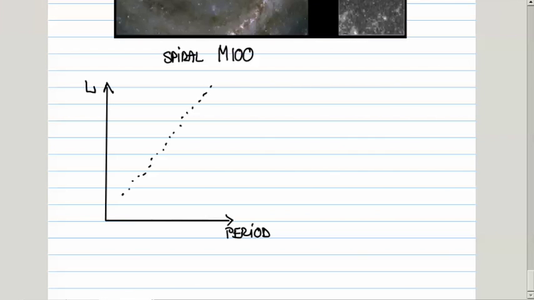And then you measure the period, and then read off the luminosity. Right? So you measure the period, and then you read off.